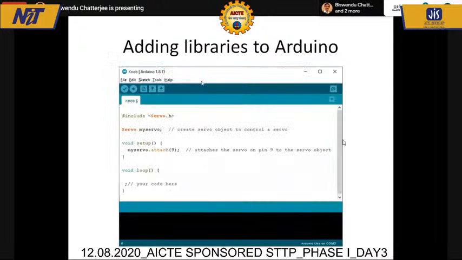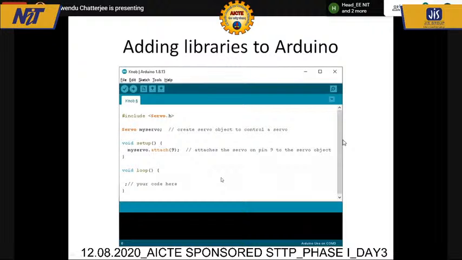How to use it? This is the code. For example, if you have installed the Servo library, you will have to include servo.h, and automatically the library will be included. Now the library has some internal code. Attach pin 9 means it attaches the servo on pin 9.